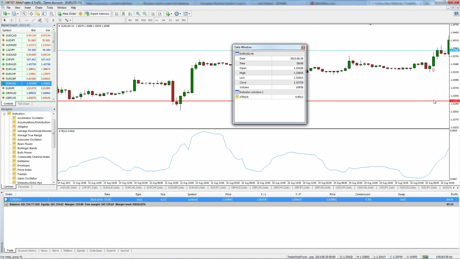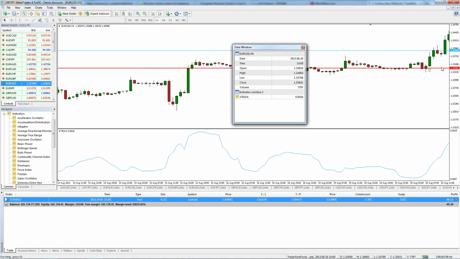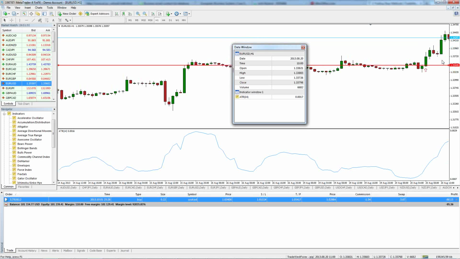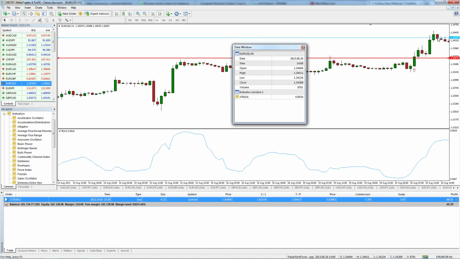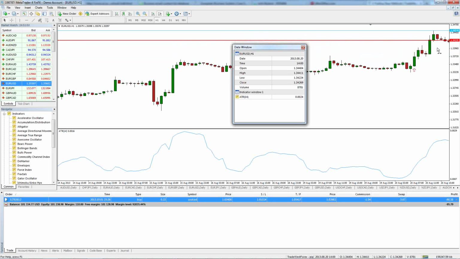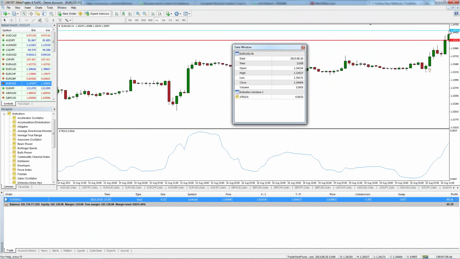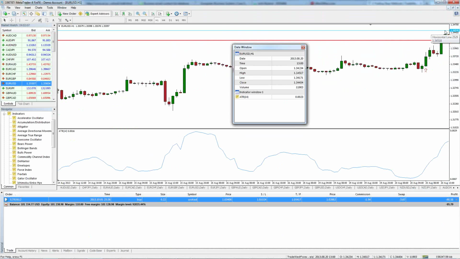PipStat would have moved it up to break even when you were 30 pips in profit. And then for every pip it moved up beyond that, it would have continuously moved up and followed price until it eventually hit the top at 51, and then it would have moved you to 21. So right there it'd say, okay, you're at 51, let's move you to 21, and you would have got taken out right there, pretty close to the top.